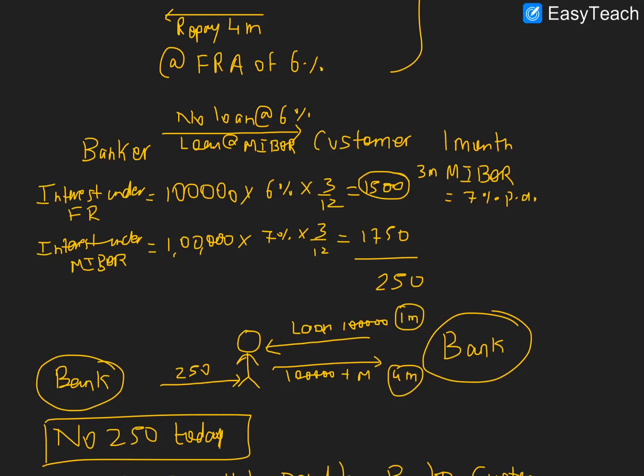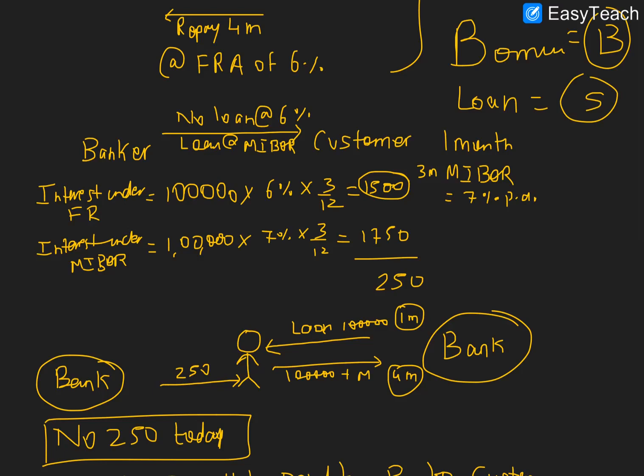Remember, if you are in a position of borrowing, if you want to borrow on a future date, then it means you are actually buying an FRA. Whereas if you are in a position to give a loan on a future date, it means you have sold an FRA.